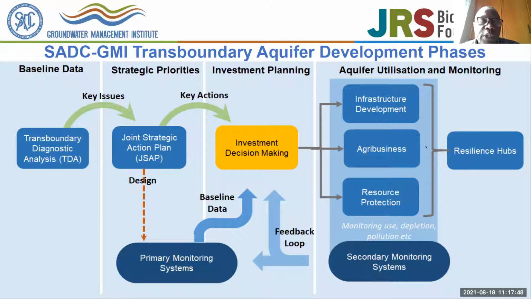So this is a model that we are also going to be using within the Khakhea Bray Transboundary Aquifer, where we believe that by generating data and generating management tools that support investments, we can create resilient hubs using the secondary information that is generated.